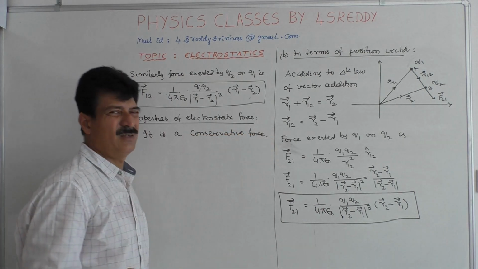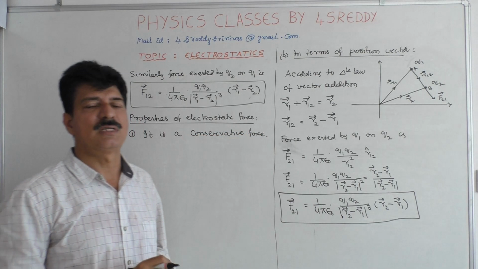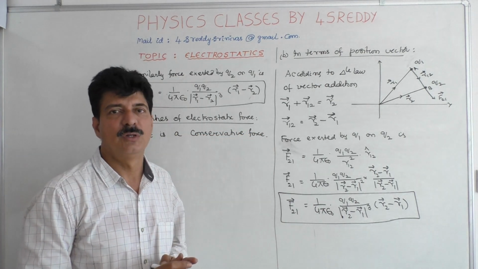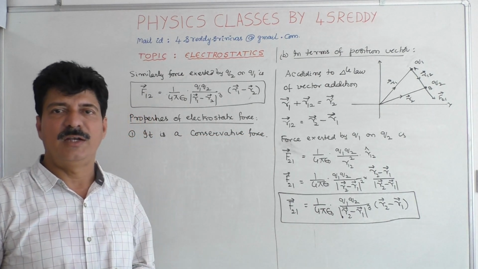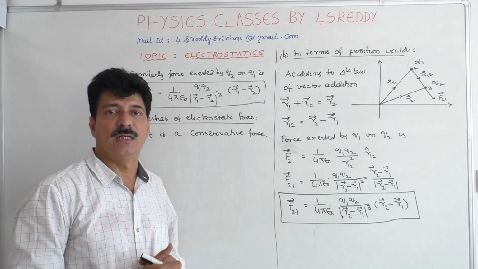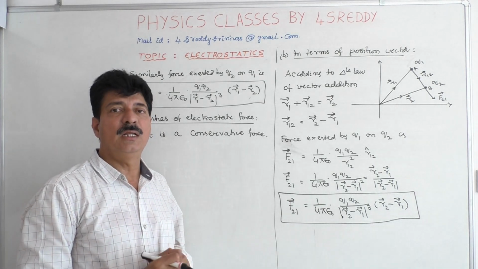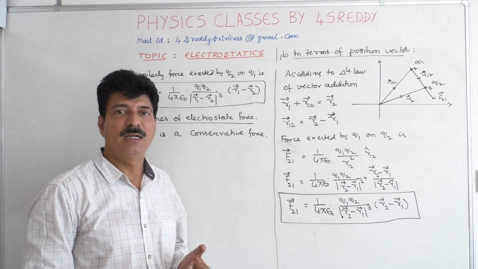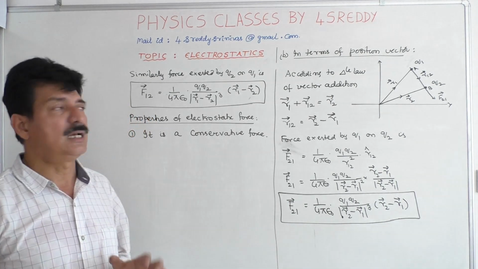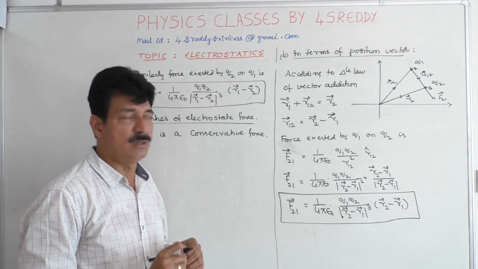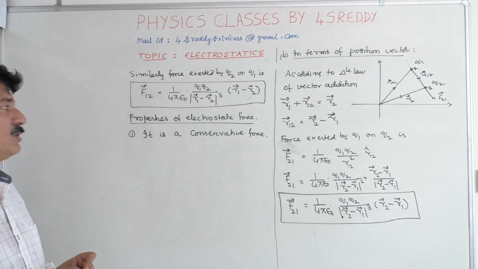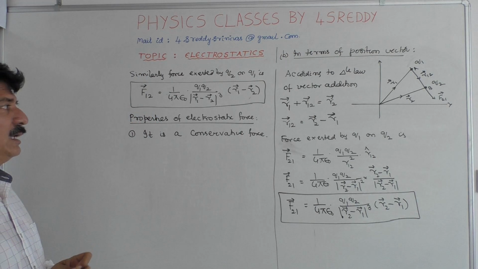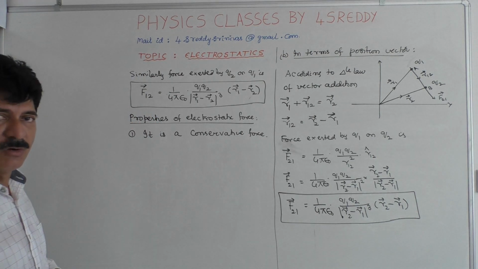You know what a conservative force is? If the work done by a force around a closed path is zero, then it is said to be a conservative force, which we studied in work, power and energy. Generally, gravitational force, electrostatic force, elastic force come under conservative forces. So the electrostatic force is a conservative force.